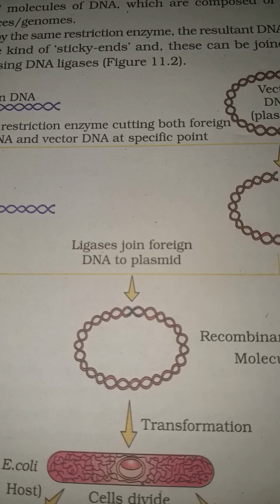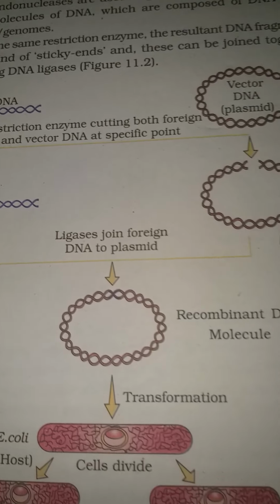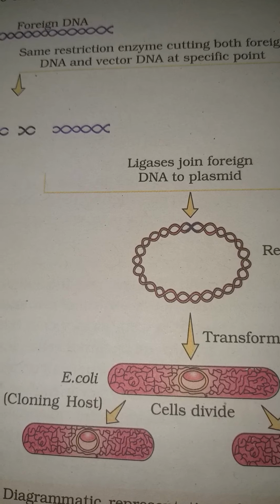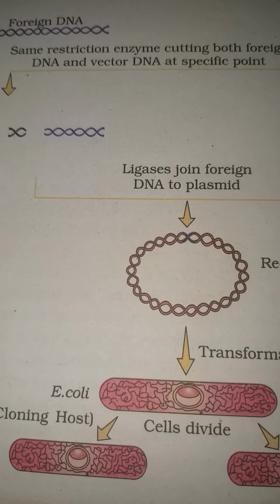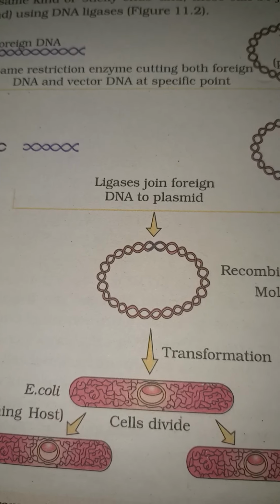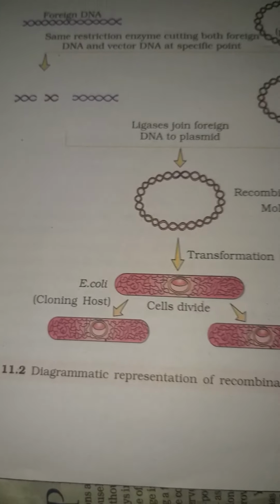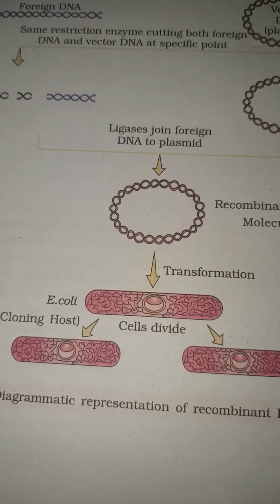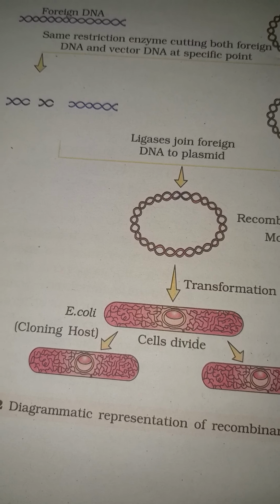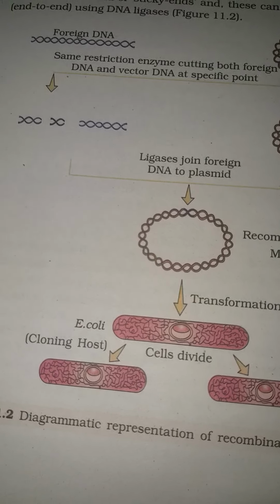Once it goes inside the plasmid, it goes inside the cell. Now it is introduced into the transformation E. coli, and when this E. coli divides, it gets included in the normal one. So that is how it is produced.